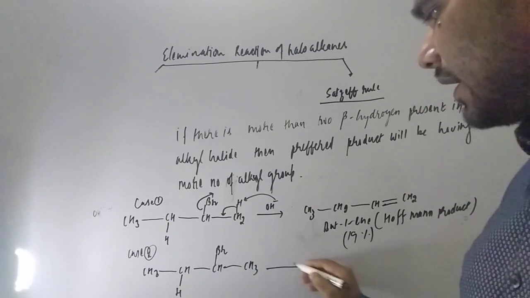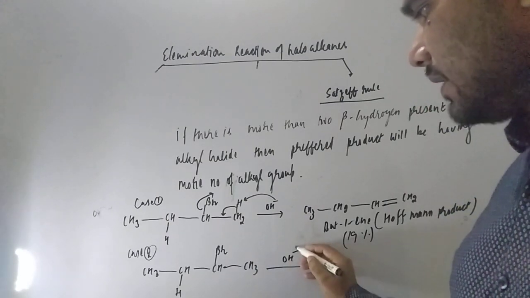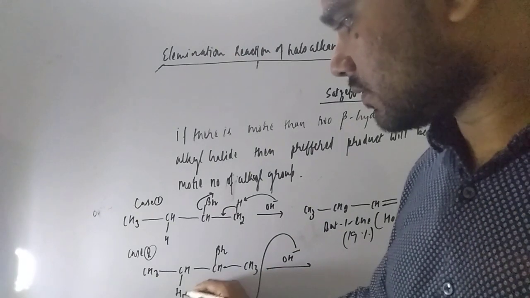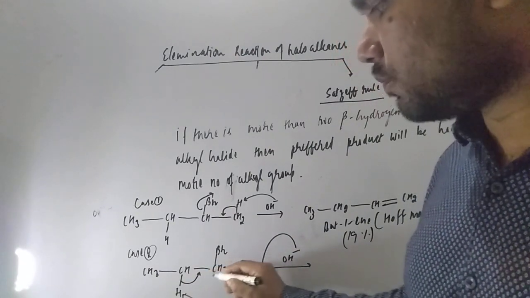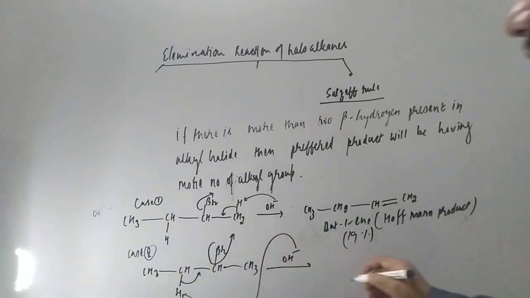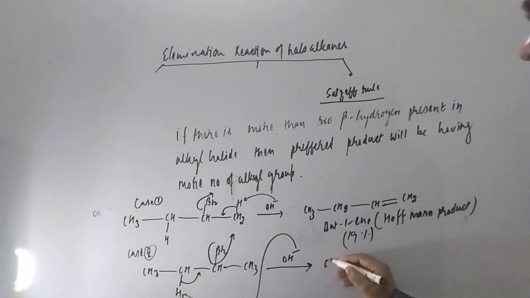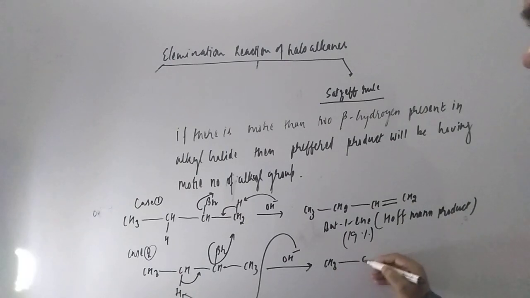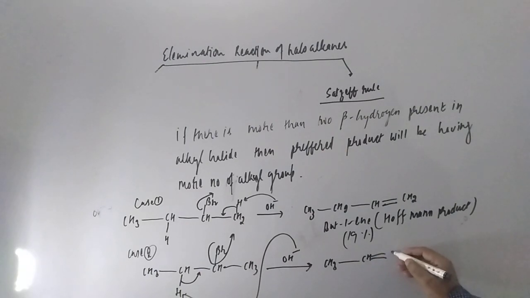So if the OH ion is attacking this, this bond will be shifting here, and all the bromine will be out. So what compound is getting formed, students? You see CH3, now it is CH, and this bond is shifting here, so this will be a double bond, and here is CH, and that is CH3.